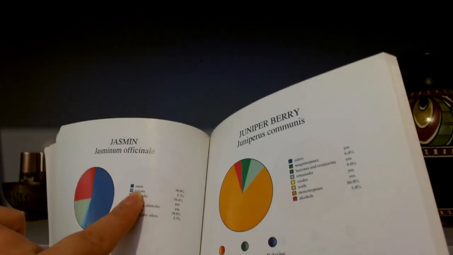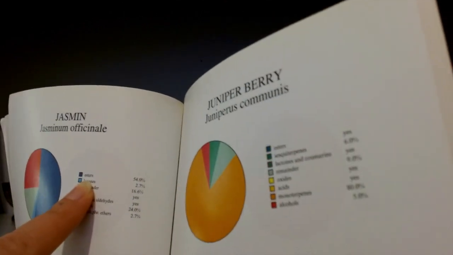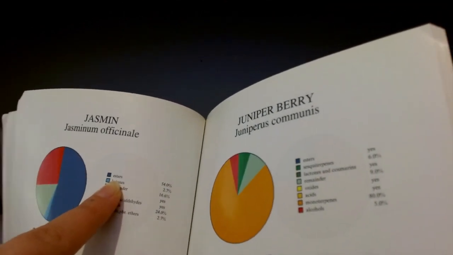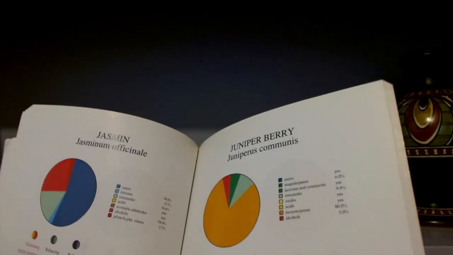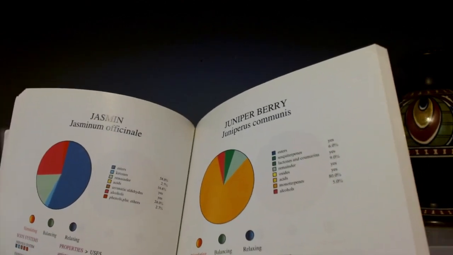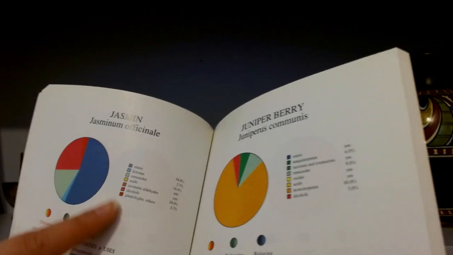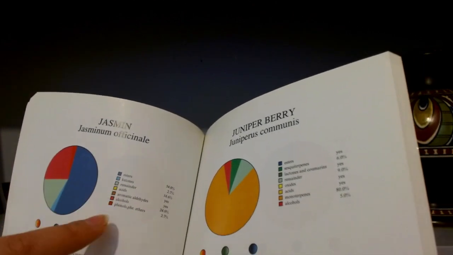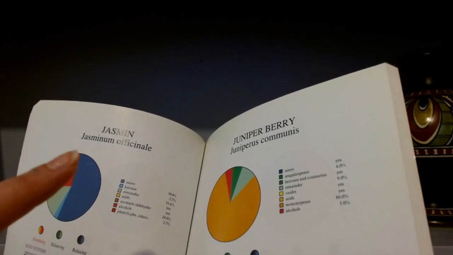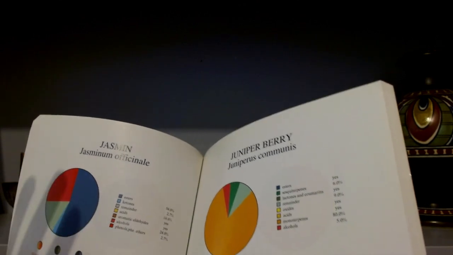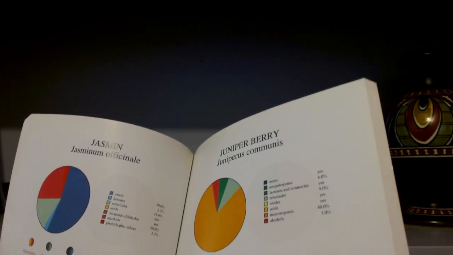And then there are other things in there: ketones, aromatic aldehydes, acids, alcohols, etc. So each flower, each plant, each raw material is different.